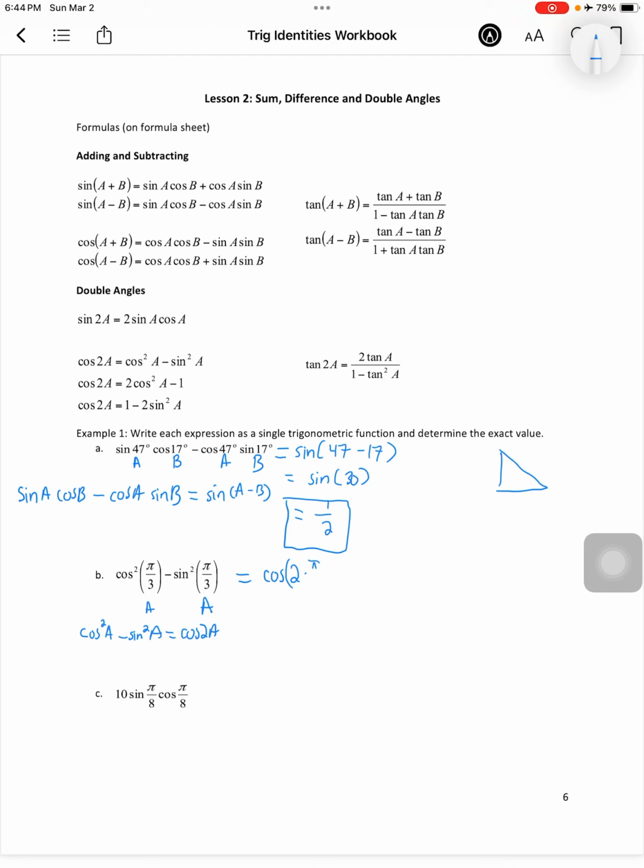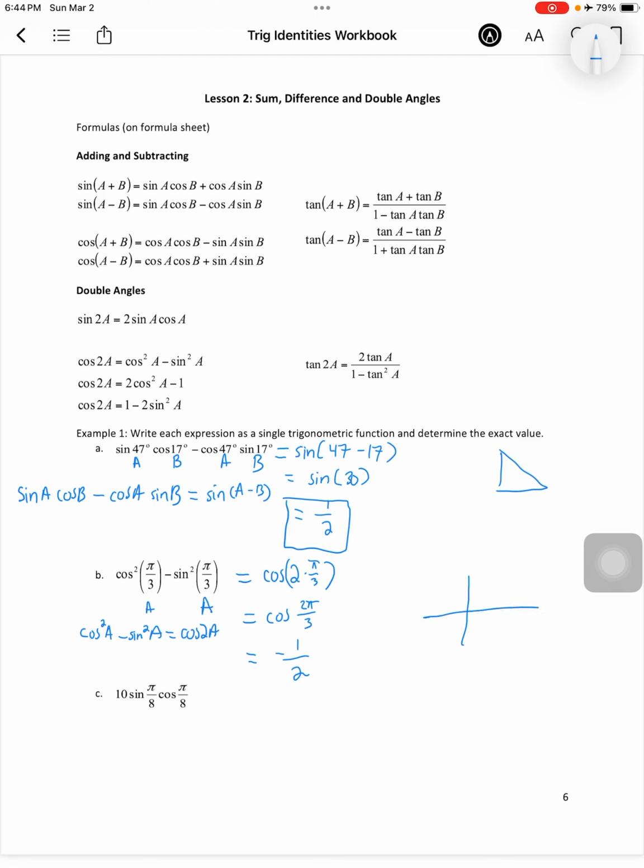And your A value here is pi over 3. So when we simplify this, it's going to be cos 2 pi over 3. And cos 2 pi over 3, when you do your special triangles and your cast rule, it's going to be negative 1 over root 2.